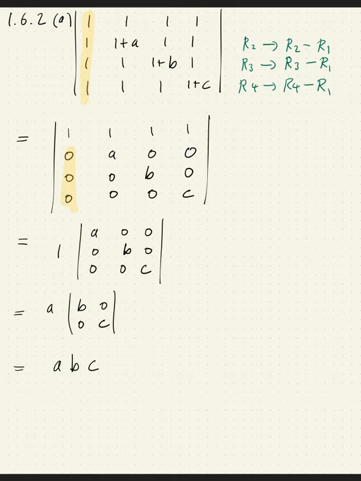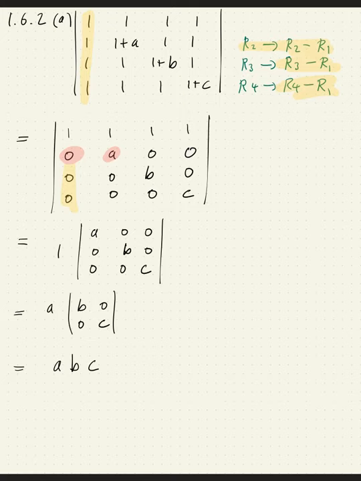So I'm going to take the first row and subtract it from every other row. So row 2 becomes row 2 minus row 1, row 3 becomes row 3 minus row 1, and row 4 becomes row 4 minus row 1. So that gives me the 0 here. 1 plus a minus 1 gives me a, right?